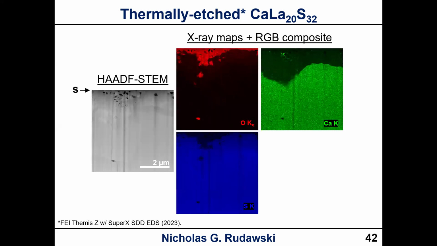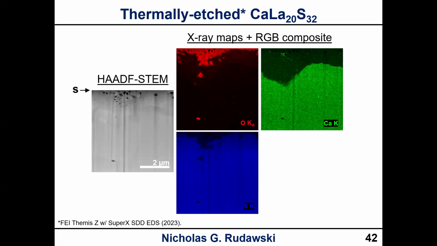But if we then map some of these elements, we can see that we have a very oxygen-rich structure where the porosity is. And then we actually see that under the porous region, we have a region that is depleted in calcium.